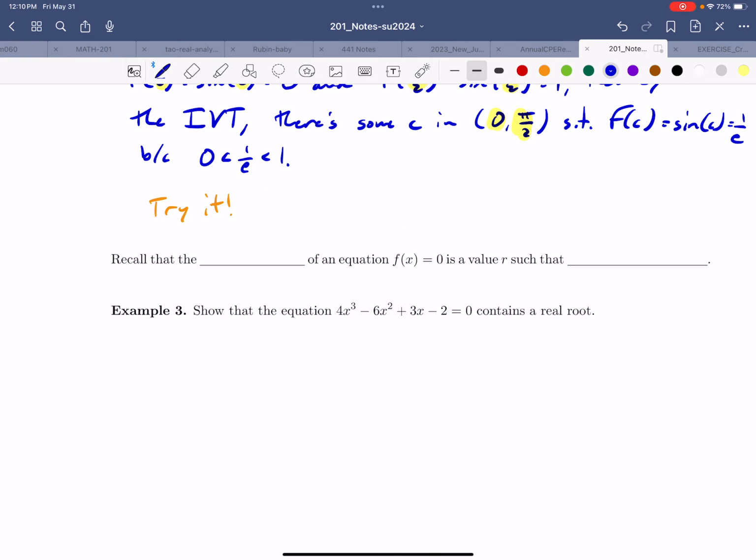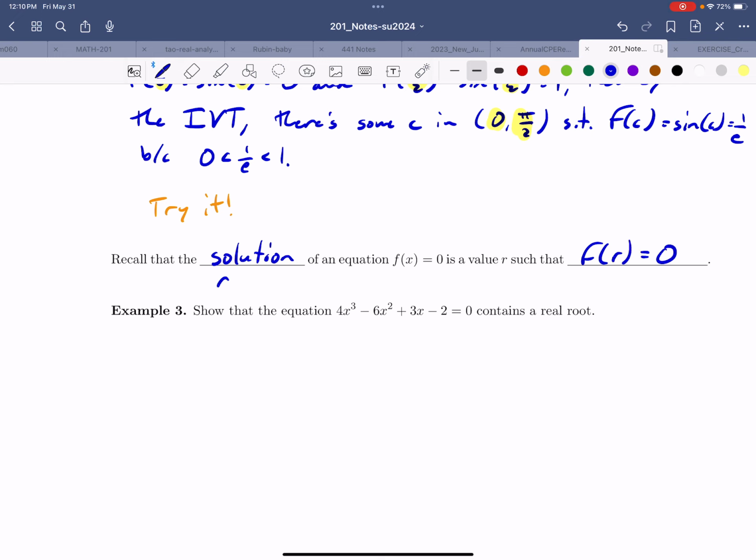Now, recall that the solution to an equation is a value r such that f of r equals 0.